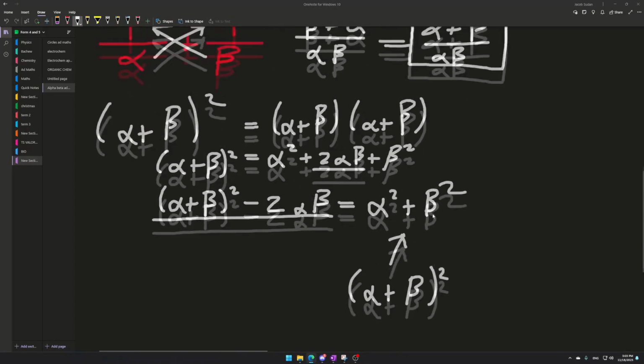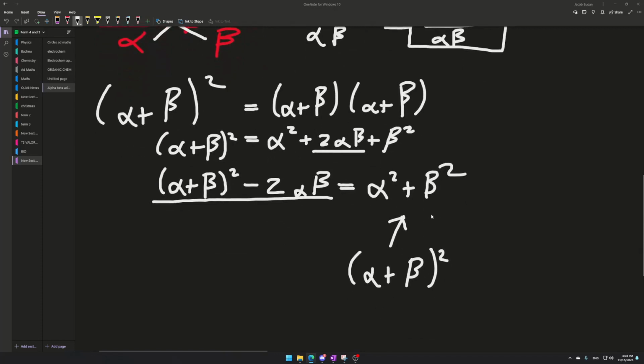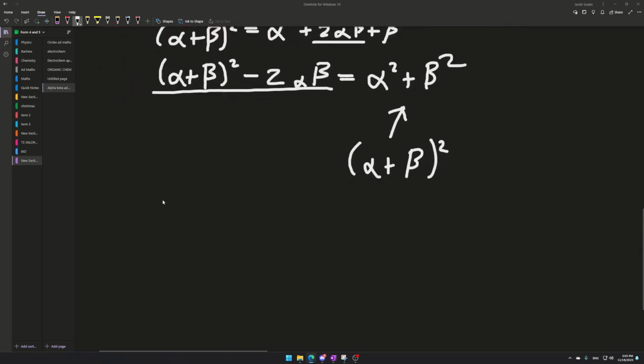After we have the sum of alpha minus beta squared, it's equal to, you expand the bracket.